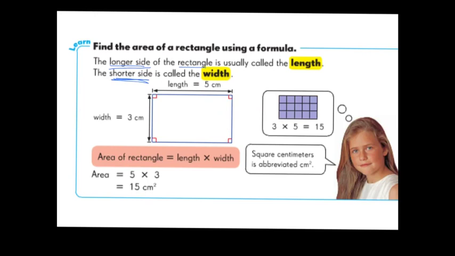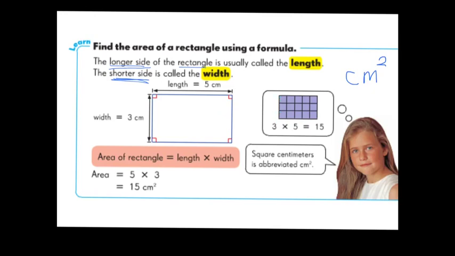And remember when we said that this little 2 here is a square? You say centimeters squared or square centimeters. That comes from imagining these little squares inside the rectangle.